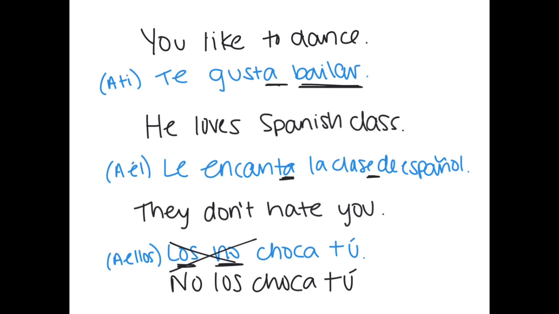In this case, I have my "no" before, and then "los" is going to be the proper object pronoun for they, and then "tú" is the subject here, so my "choca" is going to be just "choca" because "tú" is singular. And then I use "tú" instead of "te" or something else because if you remember back from the beginning, the very last part of the sentence is the subject.